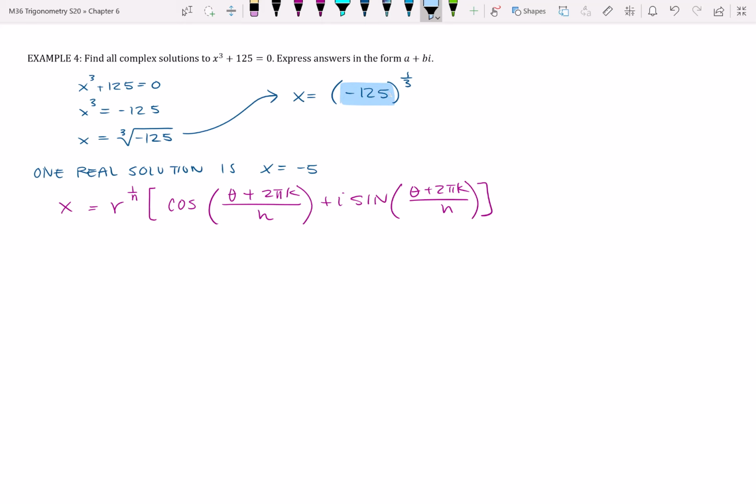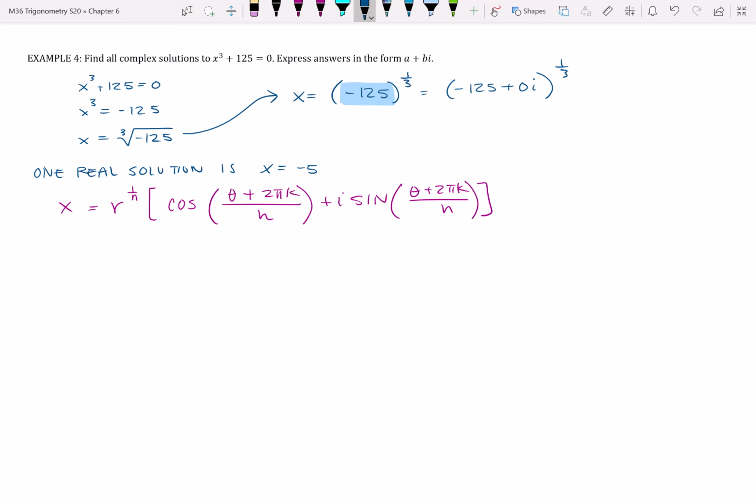It doesn't look like that form a plus bi, right? But the imaginary part is actually 0. And so this is the same thing as negative 125 plus 0i to the 1/3 power. So my complex number is negative 125 plus 0i, and we're finding the cube roots of that complex number.